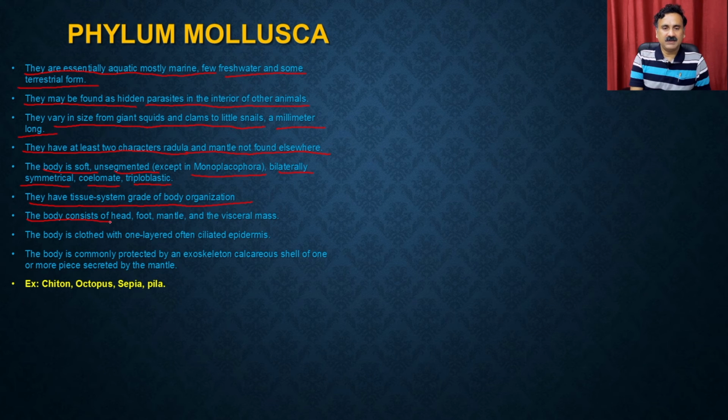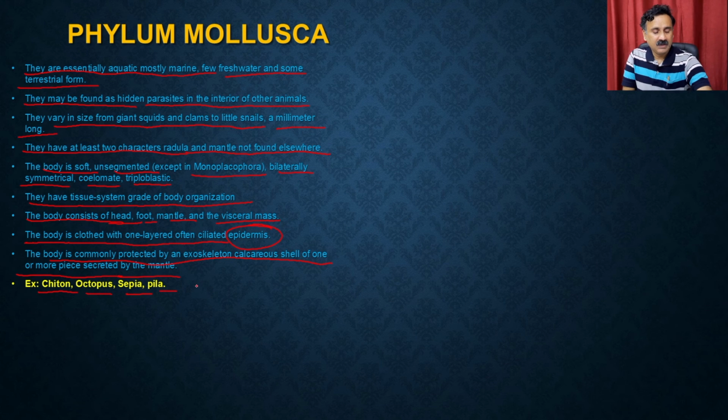The body consists of the head, foot, mantle and visceral mass. The body is clothed with a single layered epidermis. The body is commonly protected by an exoskeleton, a calcareous shell of one or more pieces secreted by the mantle, right? Examples are chiton, octopus, sepia, pila.